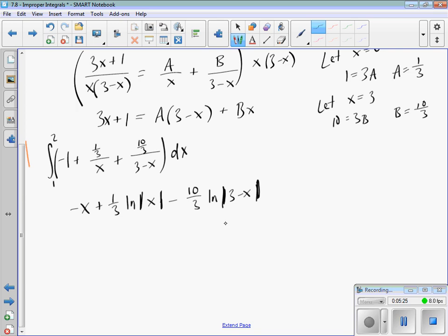And then you have to remember we're going from 1 to 2, so I'll plug those in. The natural log of 1 is 0, so this piece will go away. And then we subtract and we plug in 1.